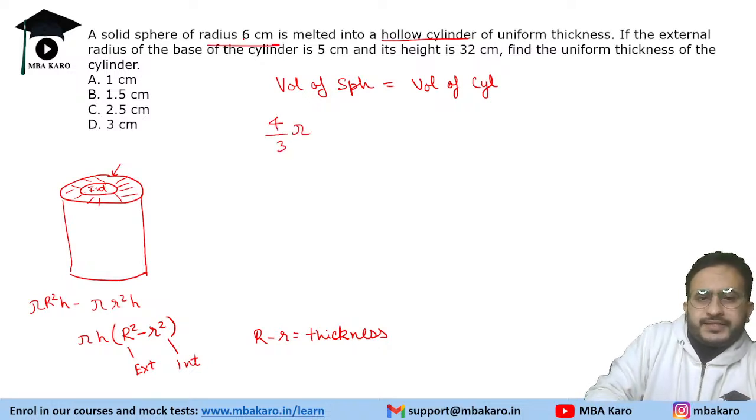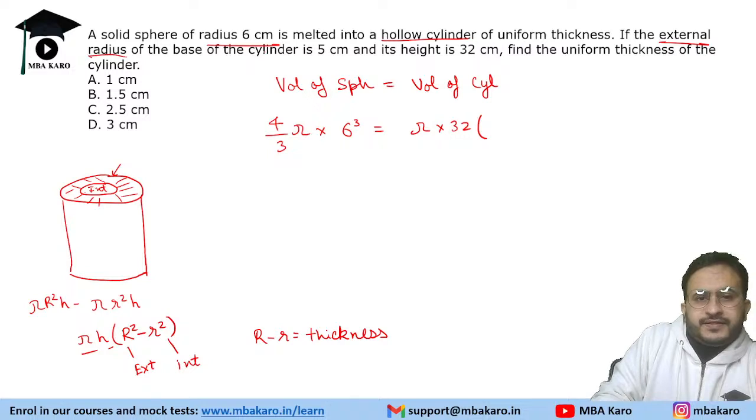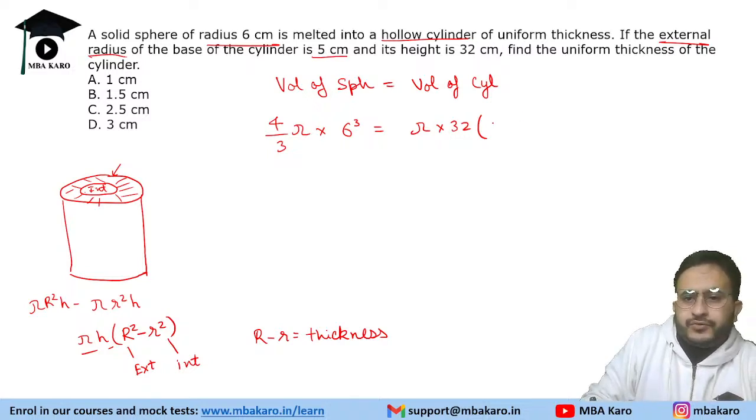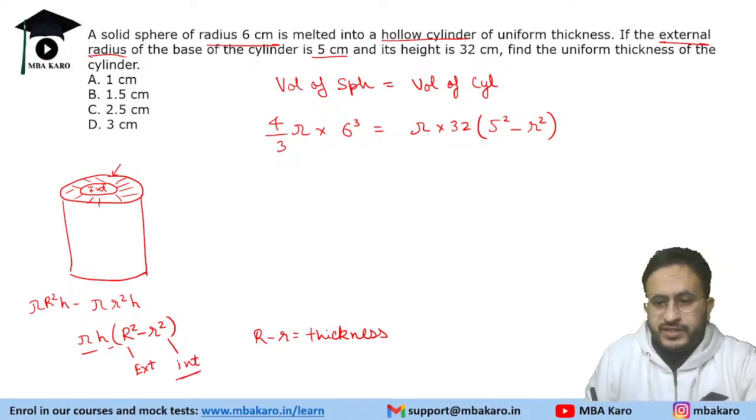So r is 6, 4 by 3 pi 6 cube, that is equal to volume of cylinder, pi h, R square minus r square. So pi, h is 32, then R square minus r square. So external radius is 5 centimeter, so 5 square minus r square, where r is the internal radius. Okay, so that is the equation that we will get.